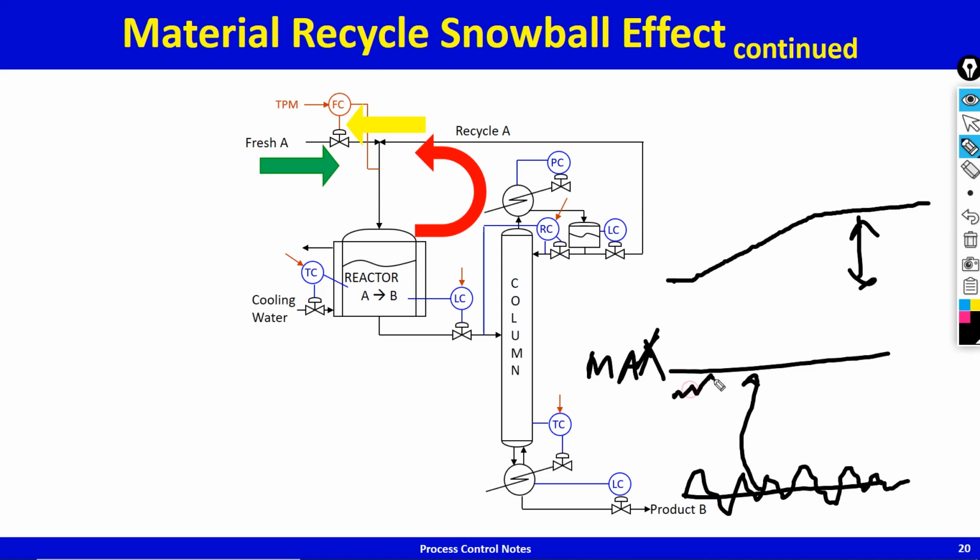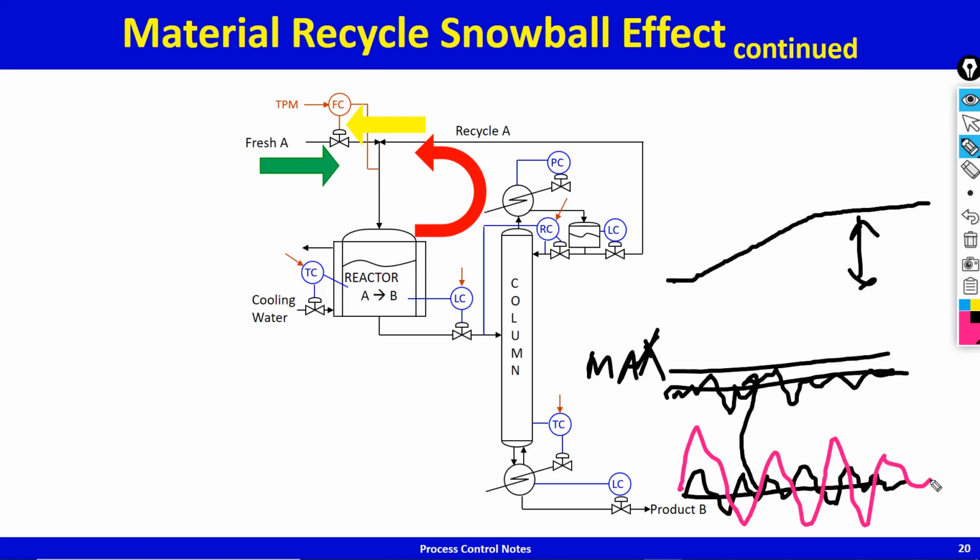You see, now I can take this with confidence because the recycle flow is reasonably fixed. On the other hand, if I had the previous control structure, then the variability in the column boil up would have been much more, because not only is it rejecting other disturbances, it is also rejecting disturbances due to large changes in the feed flow to the column. Right now, in the black case, the variability in the feed flow to the column is much less.